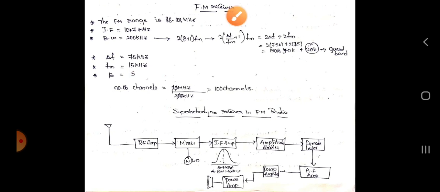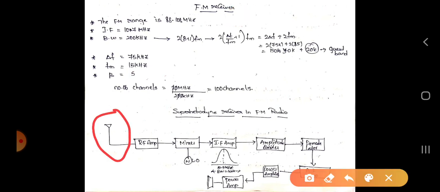This is the RF amplifier, similar to that of the AM superheterodyne receiver. The RF amplifier tunes to the required radio frequency signal, and after tuning the signal is amplified in intensity. From there it is given to the mixer.